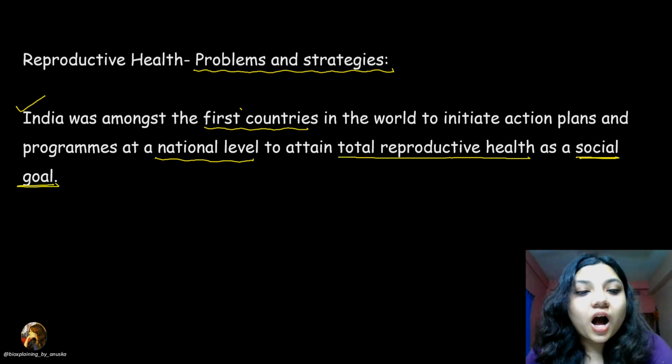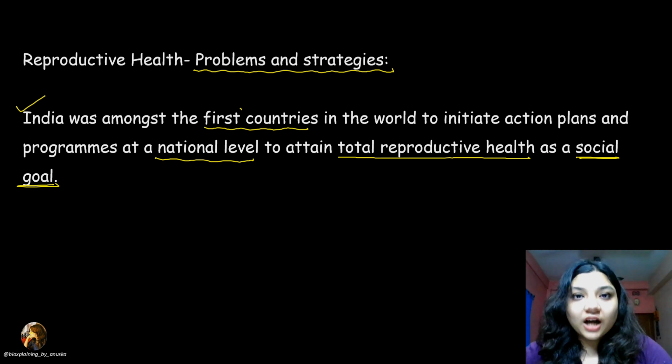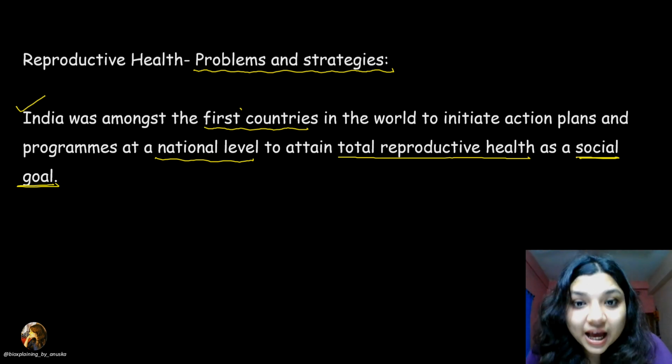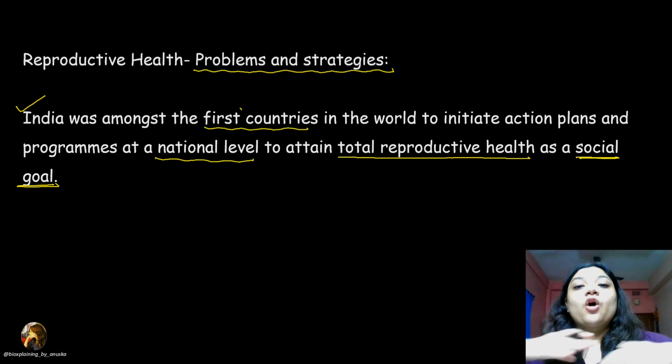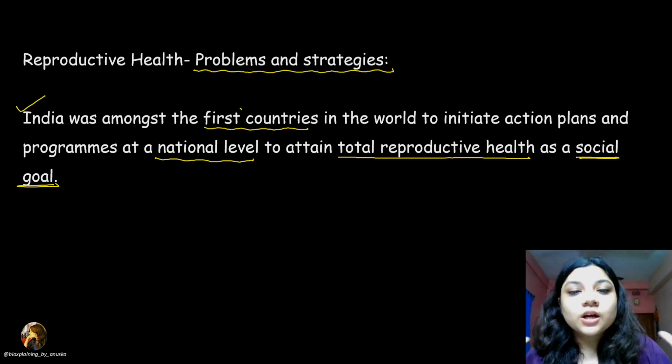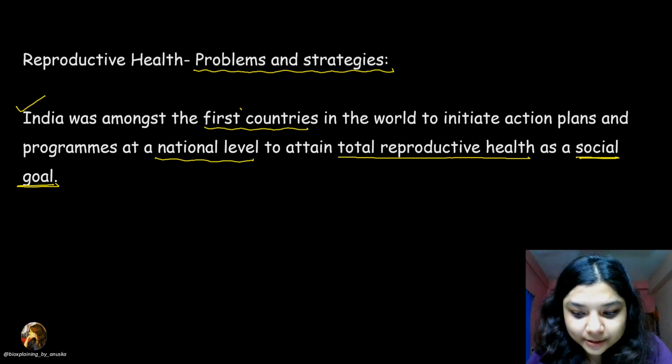That means ours was one of the first countries in the world to take up these various plans and programs at the national level. That is, the government itself has taken up these plans and programs so that the majority of our population, or we can say the whole population together, can attain good reproductive health.